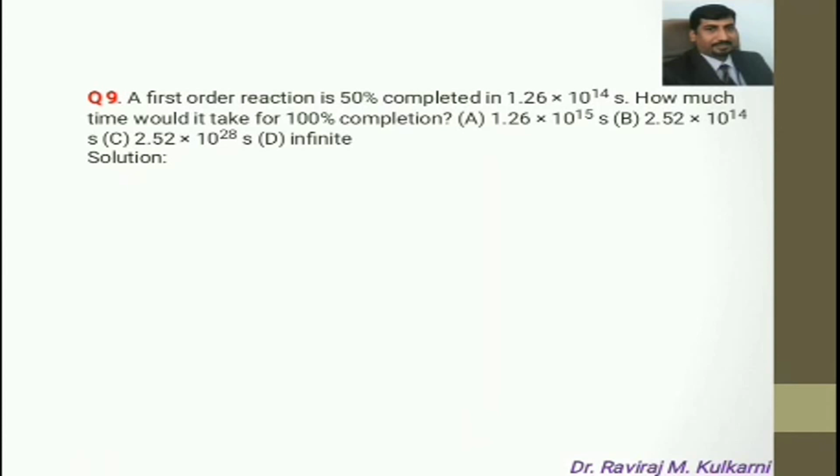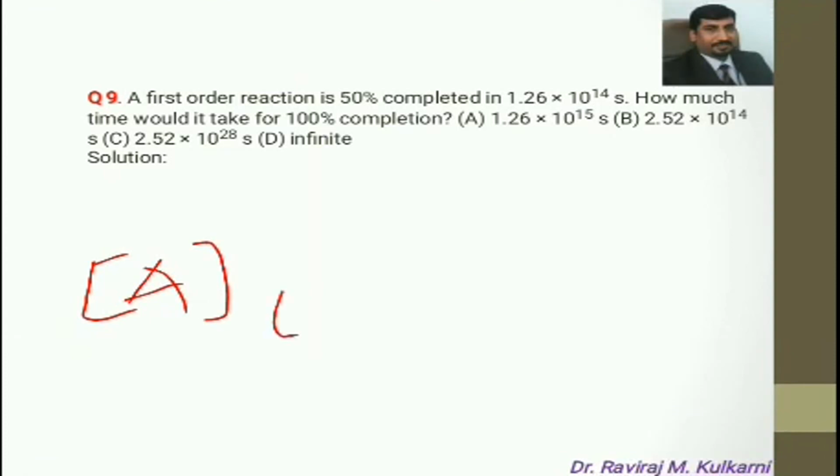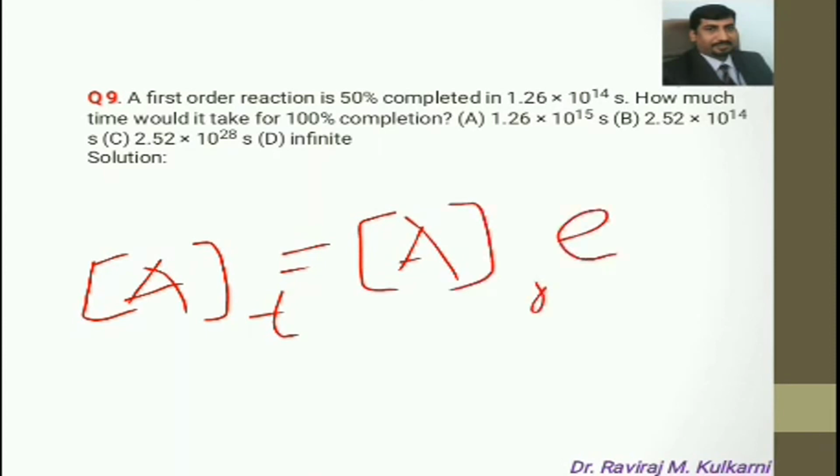Next question. A first order reaction is 50% completed in 1.26 into 10 raised to 14 seconds. How much time would it take for 100% completion? You remember, the reaction never becomes 100%. Concentration A at any time t is equal to the initial concentration times e to the power minus rate constant into time.